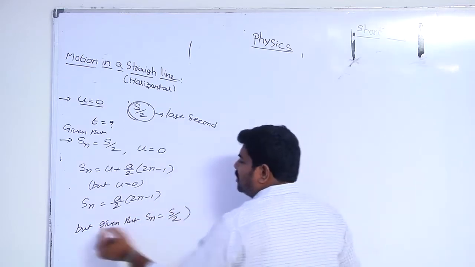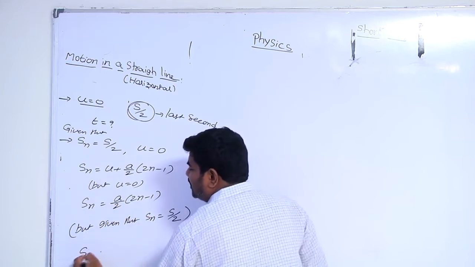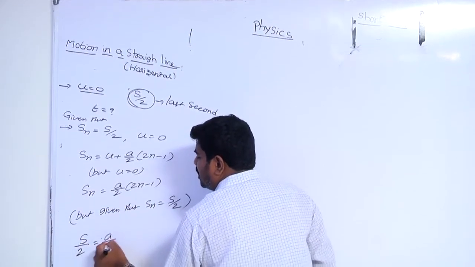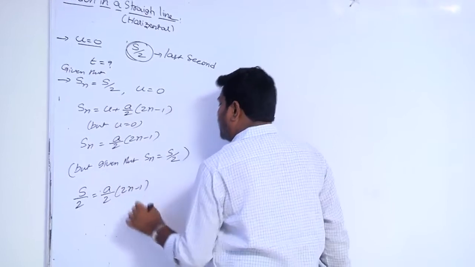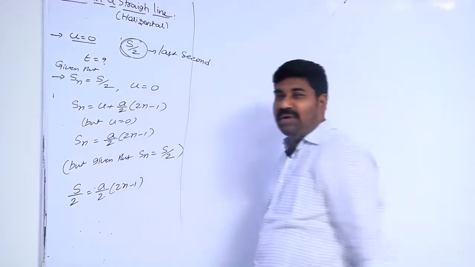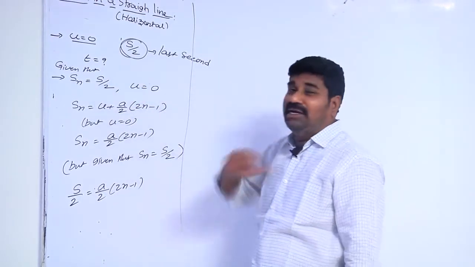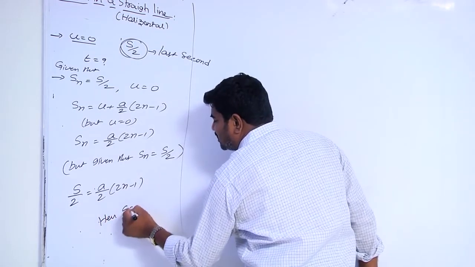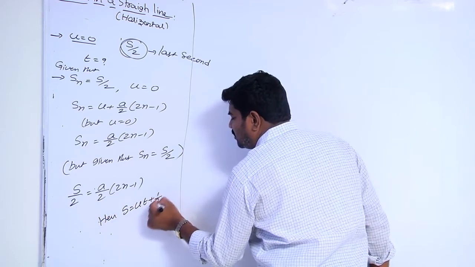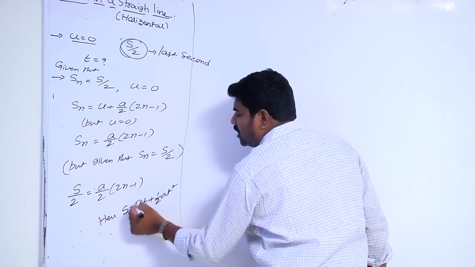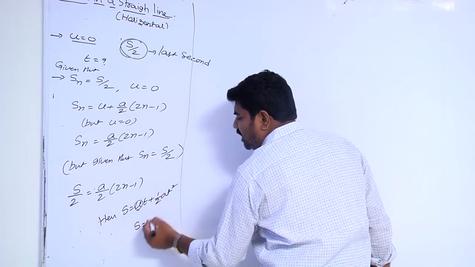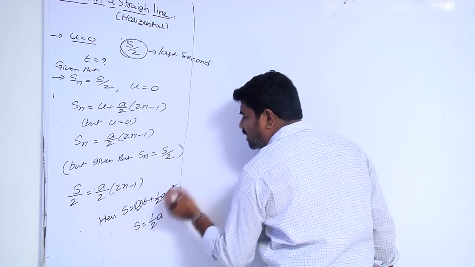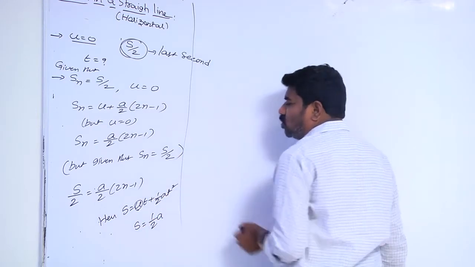So S by 2 is equal to a by 2 into 2n minus 1. Here S is nothing but the total displacement in t seconds. Here S is equal to ut plus half at square, but u is equal to 0, so S is equal to half at square. t is nothing but the total time.